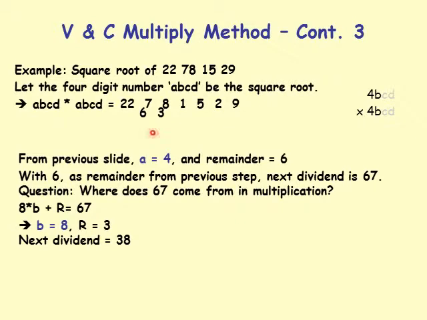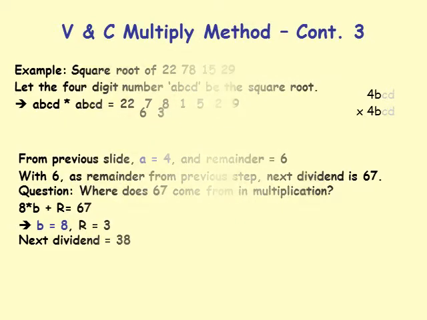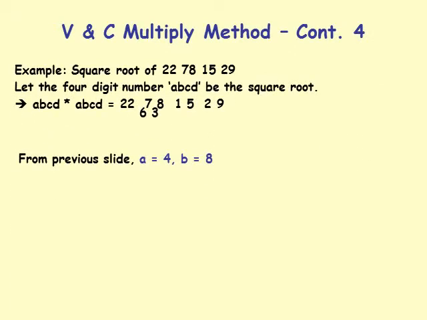Now let's see where 38 comes from. Now we have 3 digits to multiply. I know 4 here, 8 here, and a c. We determined A is equal to 4, and so far B is equal to 8, and C we are trying to find out right now.